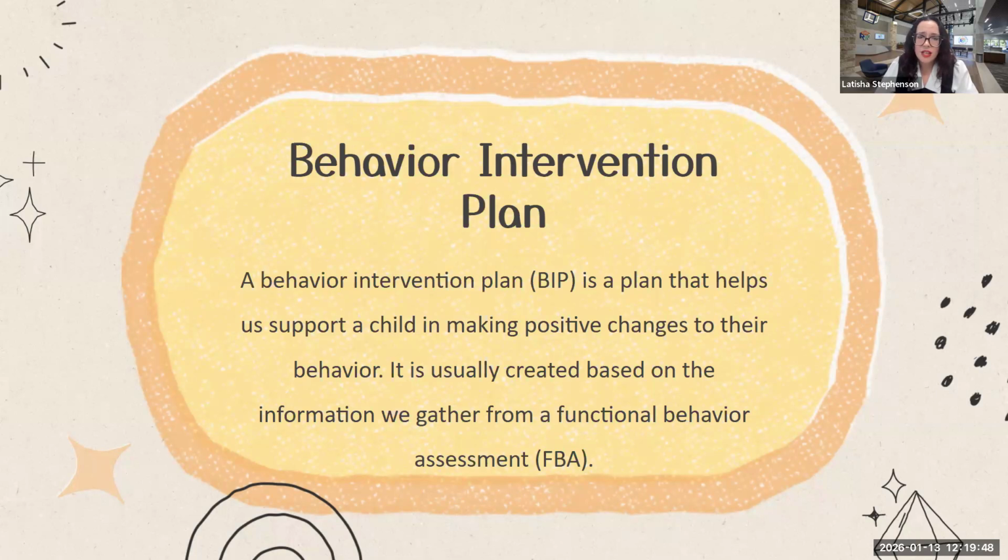This is often what I would recommend if you have a student who is running out of the school building, who is engaging in physical aggression and things like that, simply because we want to make sure that even if we are in the midst of an evaluation, we're still providing a safe environment and we have a plan in place to address those needs.